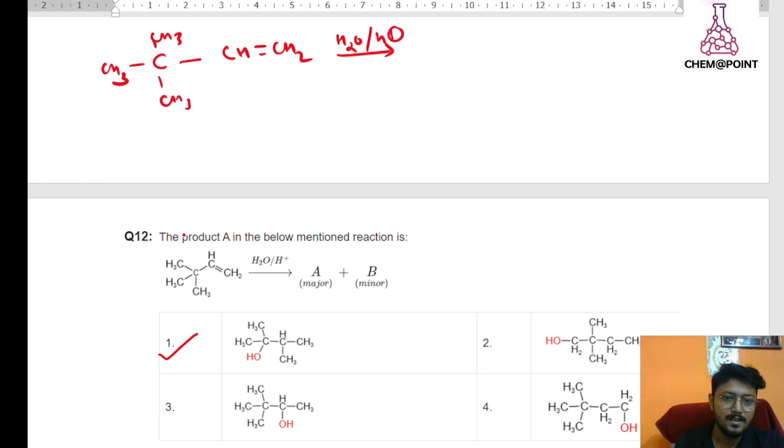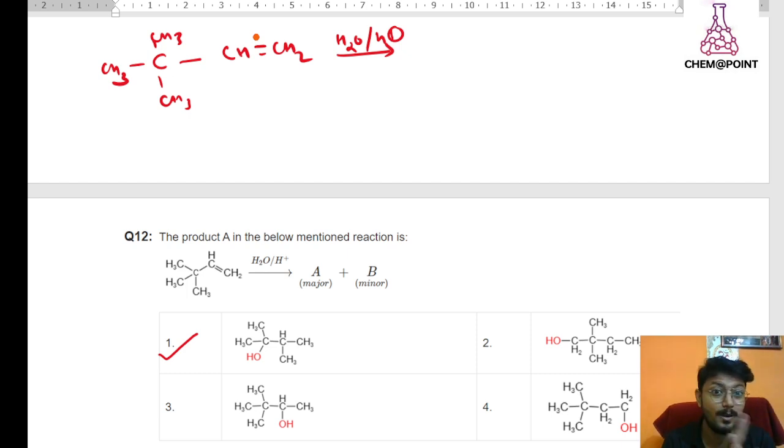First of all, I draw the mechanism. Be careful. The pi electron density, negative charge, always goes to attack the electrophile.